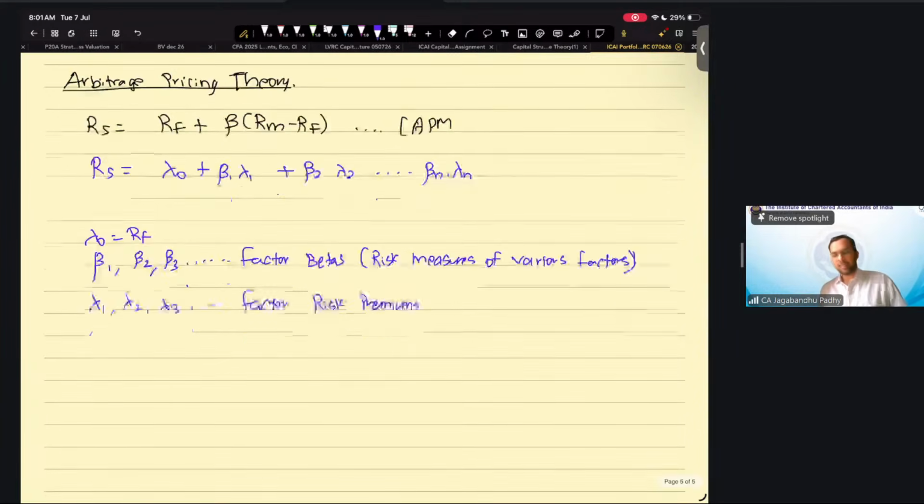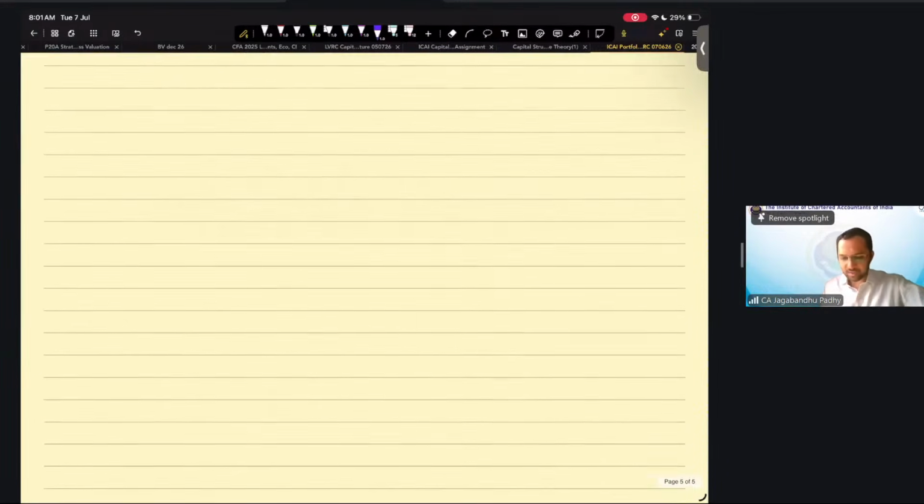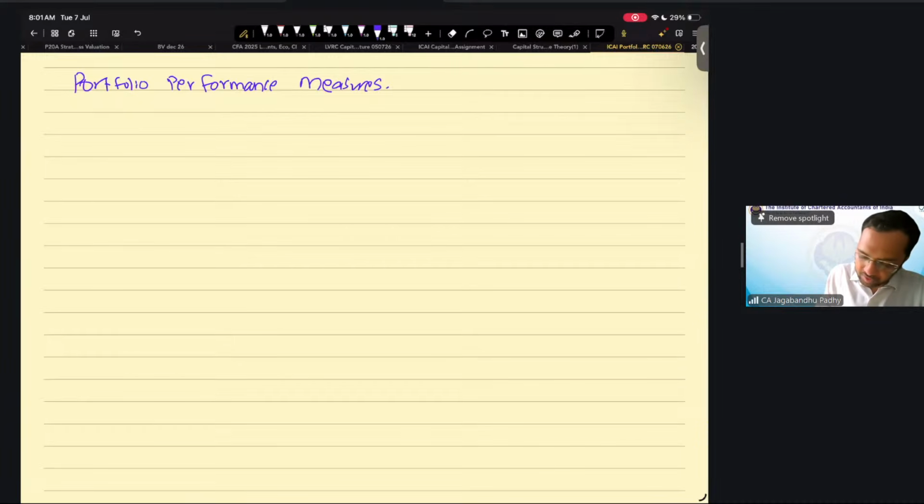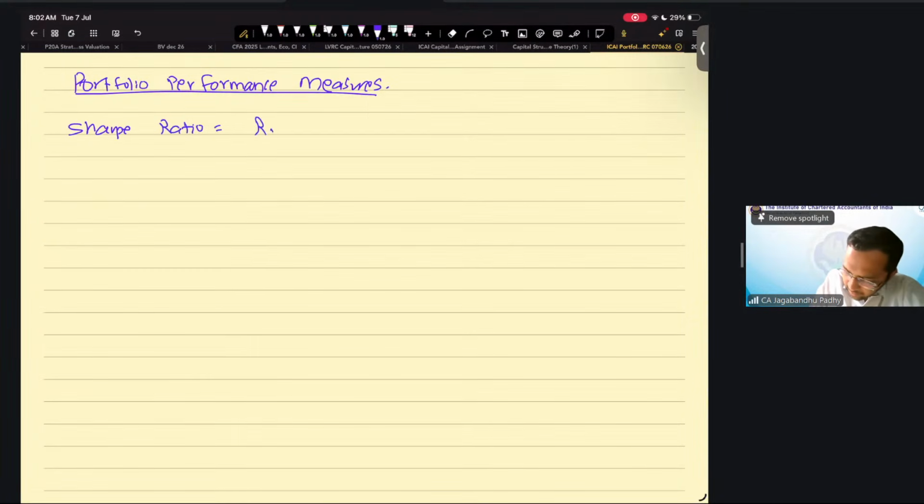After this model, we had certain concepts to measure the portfolio performance, right? We can measure the portfolio performance by looking at their risk and return numbers. One portfolio performance measure was called the Sharpe ratio. This Sharpe ratio was simply looking at the risk premium, which is return of portfolio minus the risk-free security.